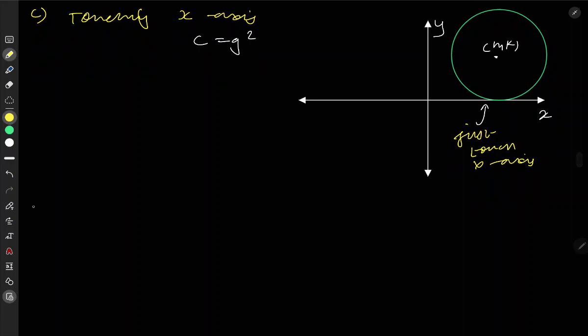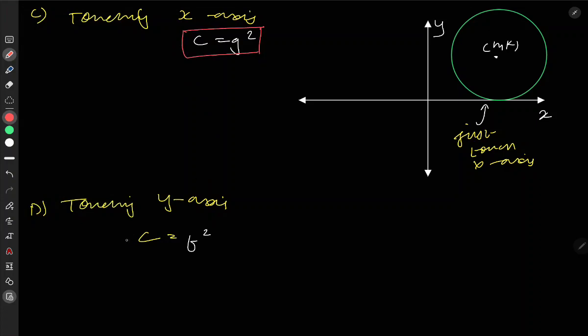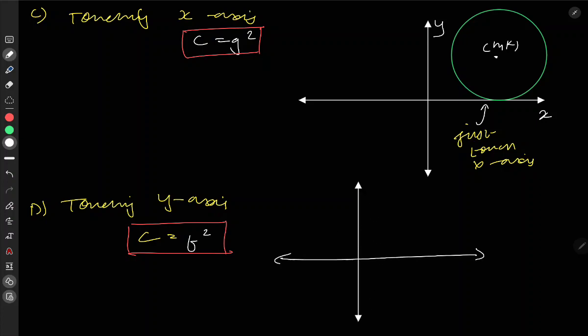So now let us discuss the next one, that is touching y-axis. At such time the c would be equal to f square. These are easy conditions to remember, not a lot, because this is just the initial part of the conic section. And now let us draw the graph for how it looks.